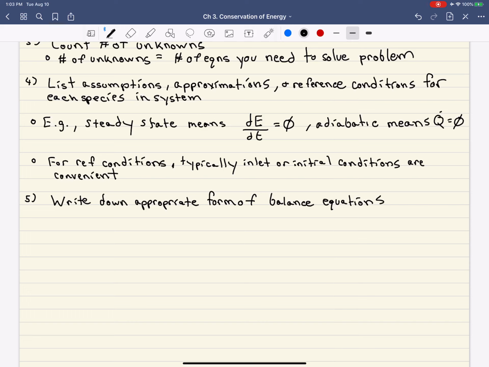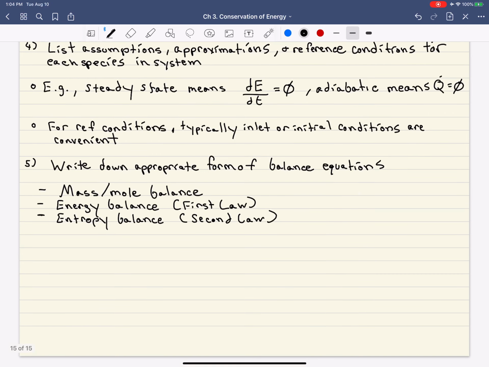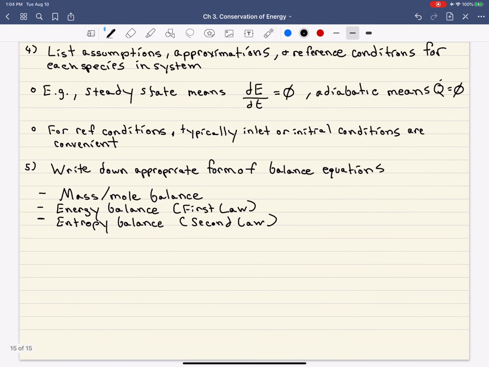Specifically, these include your mass or mole balances, your energy balance, which comes from the first law of thermodynamics, and then in chapter 4, you're going to learn how to develop an entropy balance, which comes from the second law of thermodynamics. All right, so write down all the different forms of your balance equations.